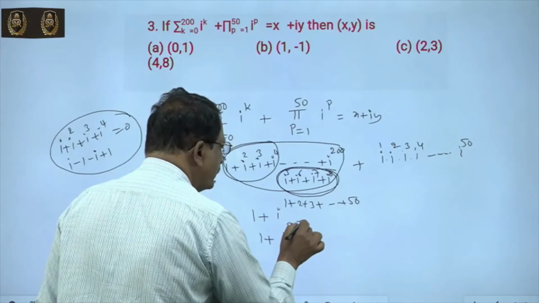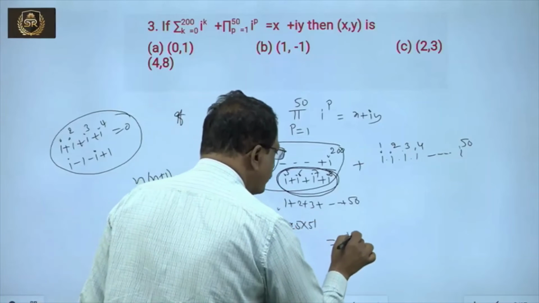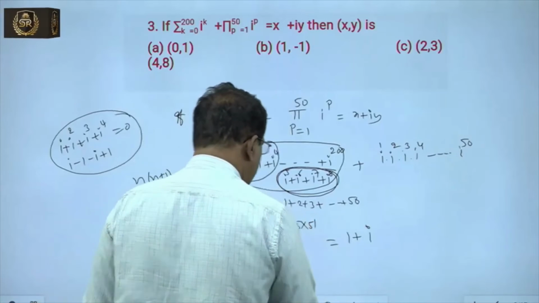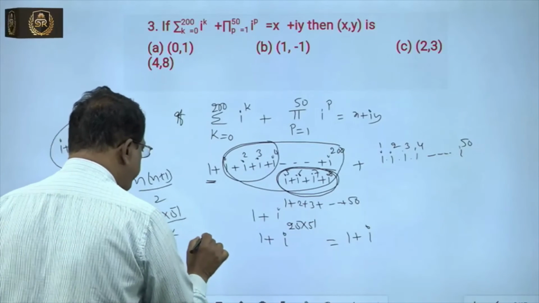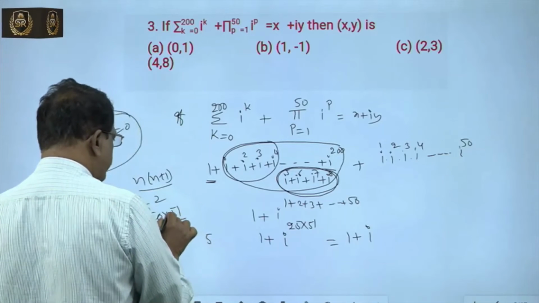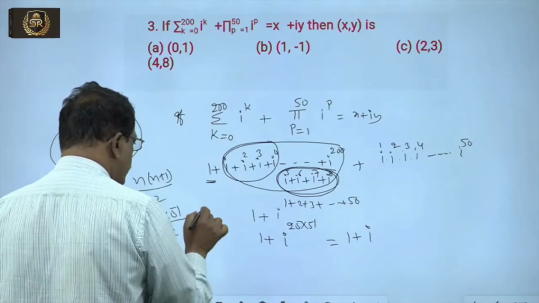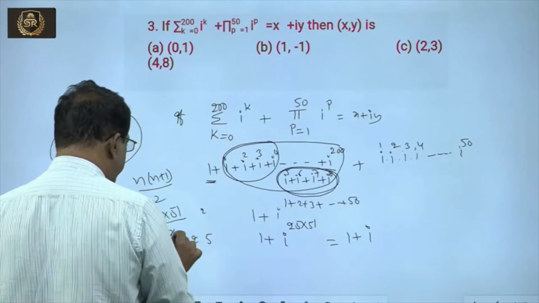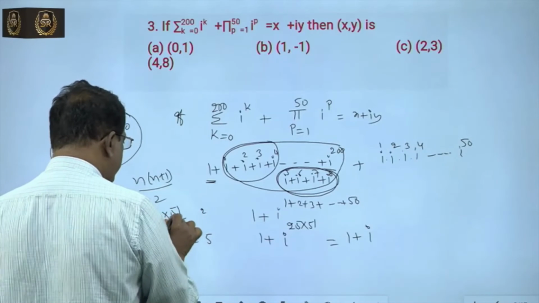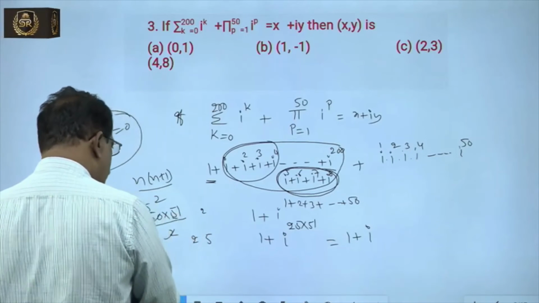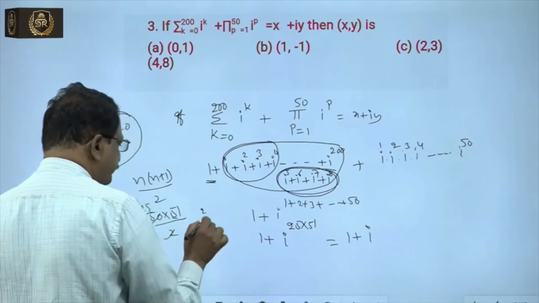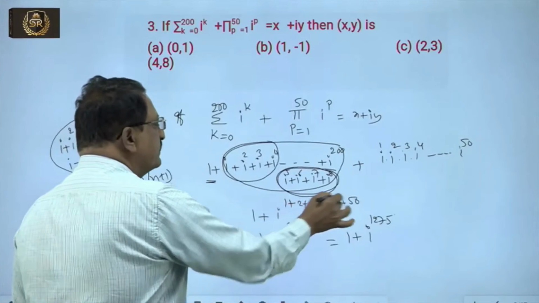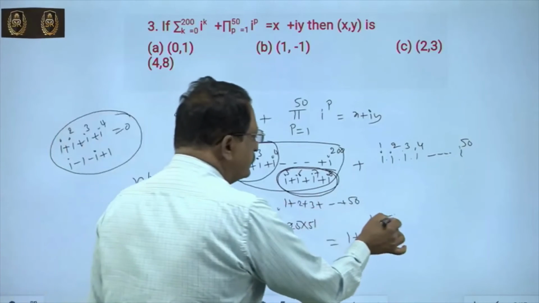Now 25 into 51 equals 1275. So 1 plus 2 plus 3 plus up to 50 equals 1275.